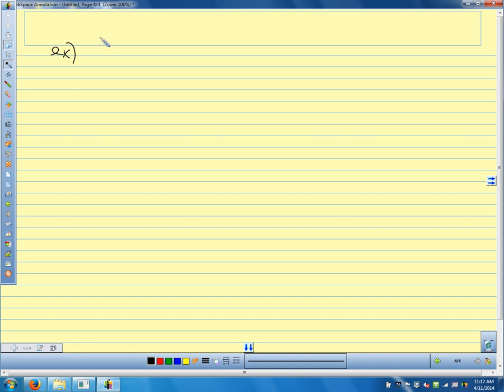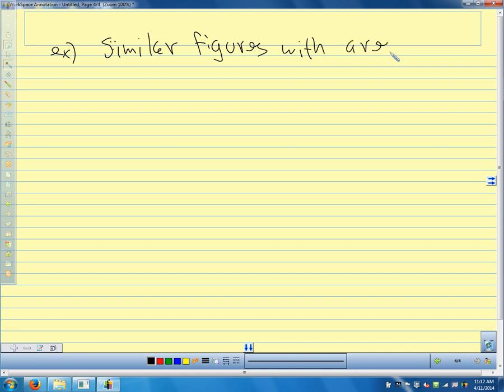All right, for this problem, we have similar figures with areas of 32 meters squared and 50 meters squared. We want to find the scale factor.